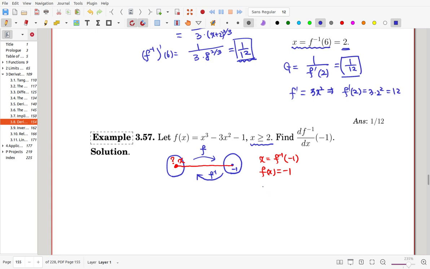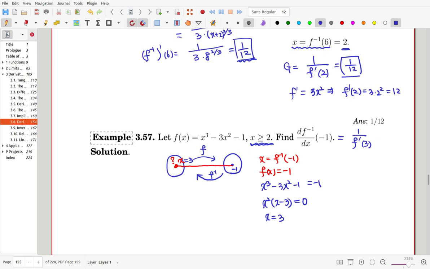Now f(x) is x cubed minus 3x squared minus 1, which equals -1. So -1 will be cancelled, and now x squared times (x minus 3) equals 0. Now x must be larger than or equal to 2, so x cannot be 0, and the only choice is x equals 3. Okay, so this point is now 3. So the required quantity is the same as 1 over f prime at the corresponding point, which is 3.